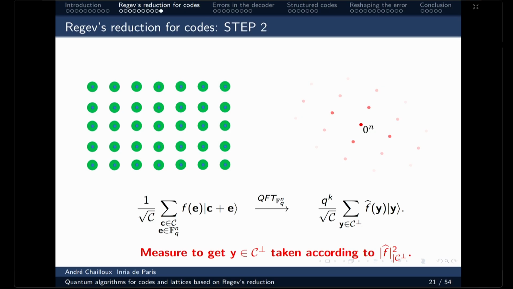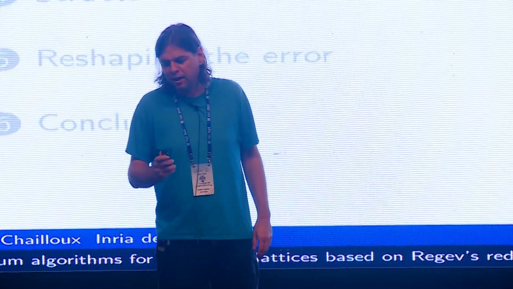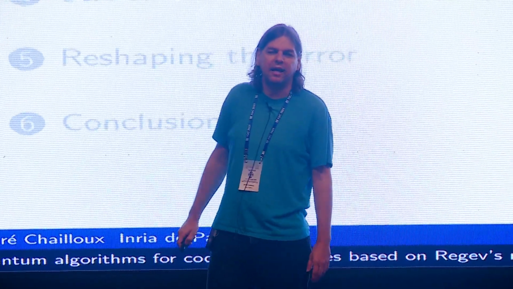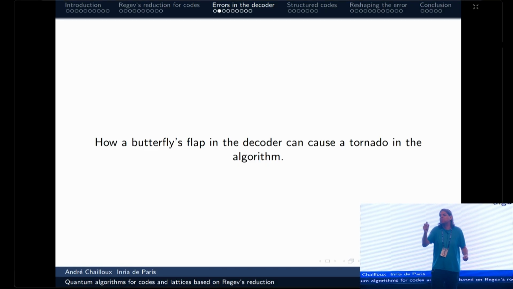Okay, so this is the generic reduction. So in theory we know everything and everything is nice, but I gave you the perfect setting, and okay, errors in the decoder. So usually when you have an error in a quantum algorithm, things are continuous. You put a small error.